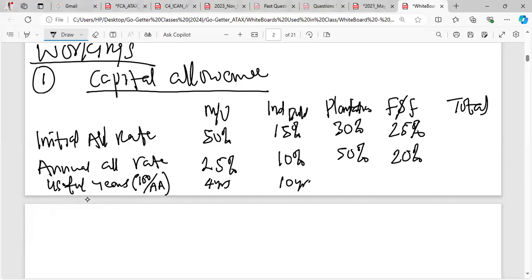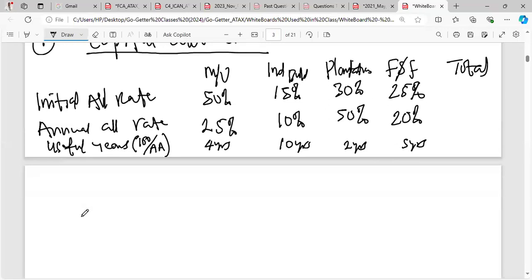This may come in handy later. 100 over 50 will give you 2 years, and 100 over 20 will give you 5 years. So under here now, you will put your naira sign.